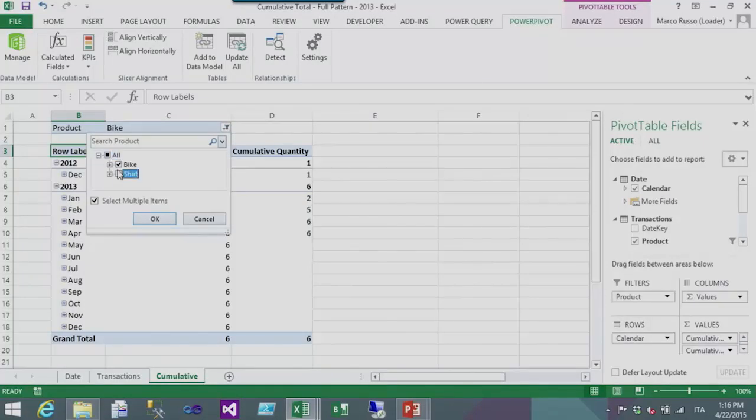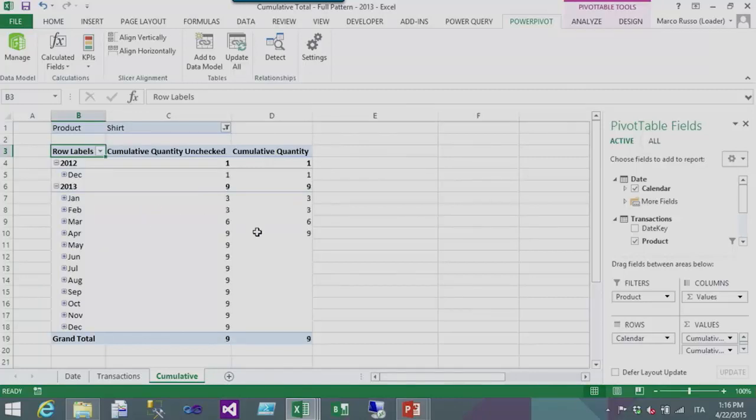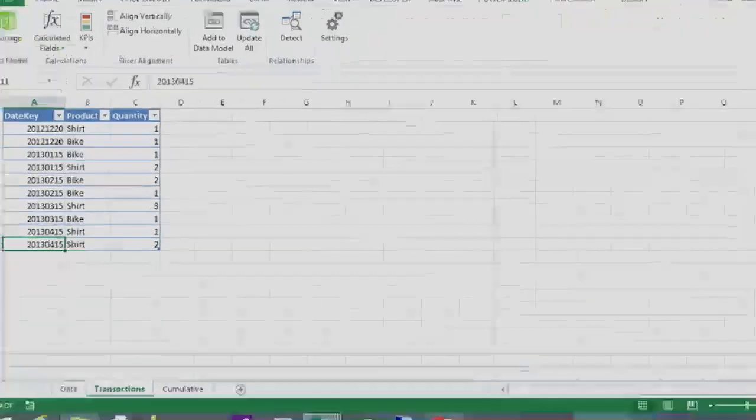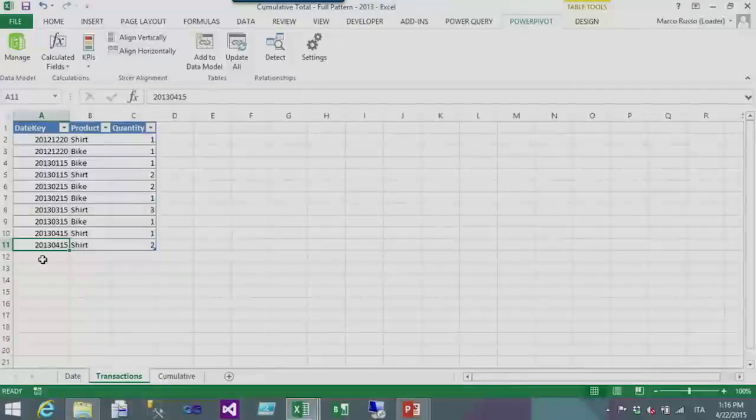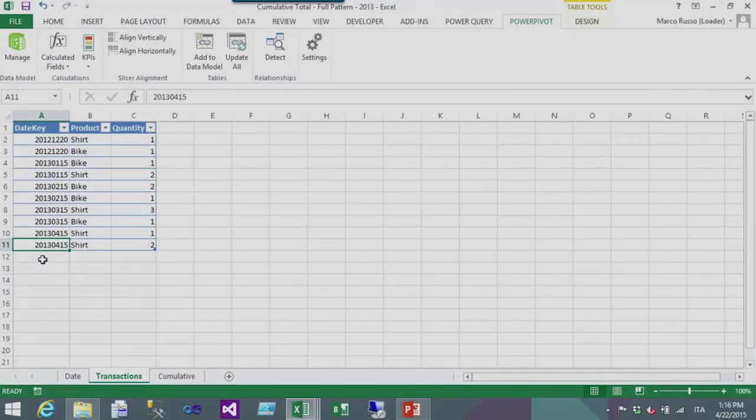So this works. The problem, as you see, is that my last transaction ends in April 2013. So what's the meaning of looking at data in May, in June? It doesn't make sense, right? Because if I had transactions until a certain date, I don't want to see the quantity in the future.